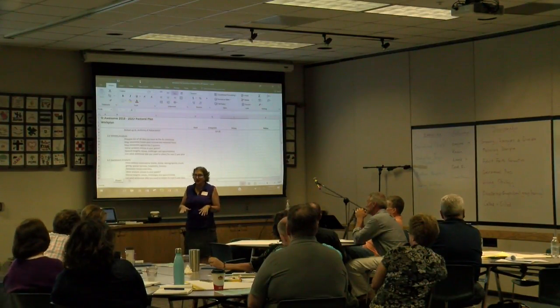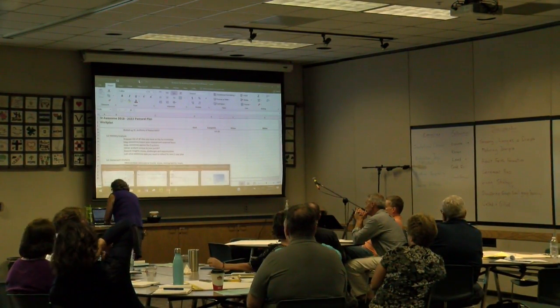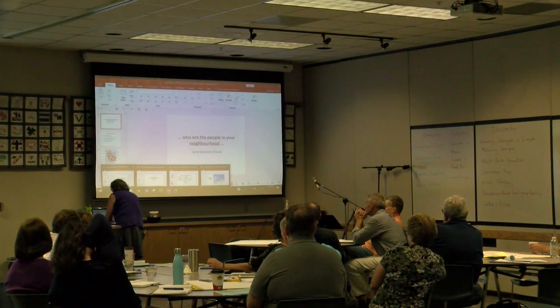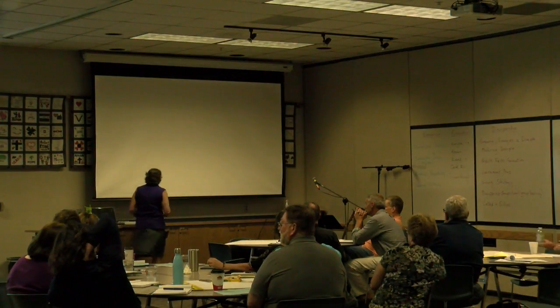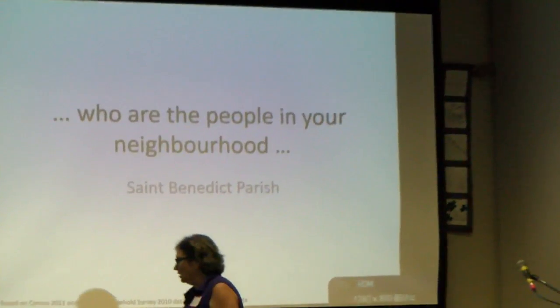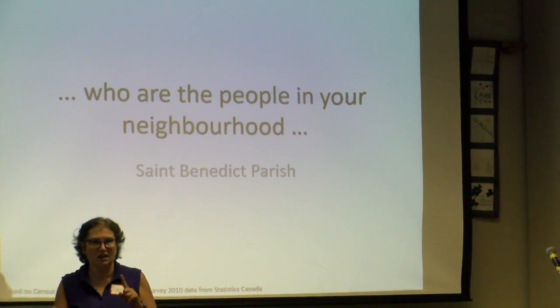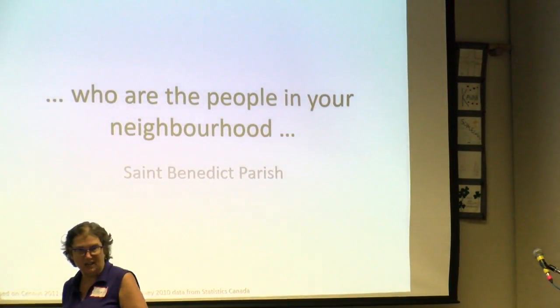So we were looking at, I'll show you some of the analysis we did. I just thought it was really cool. This was put together by someone in our pastoral council who had really good information in census data, and he had the ME25 data.